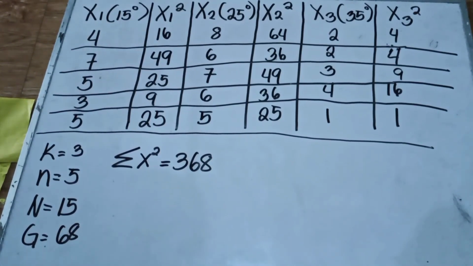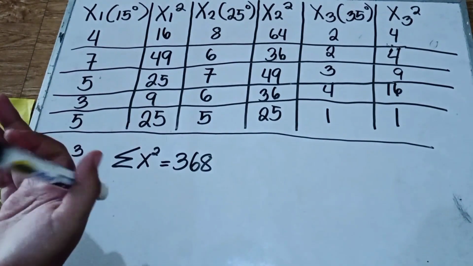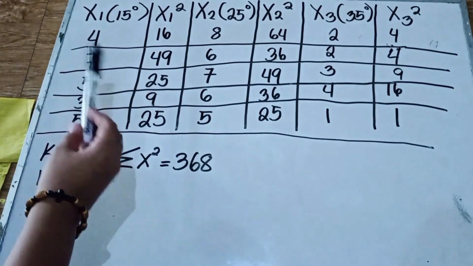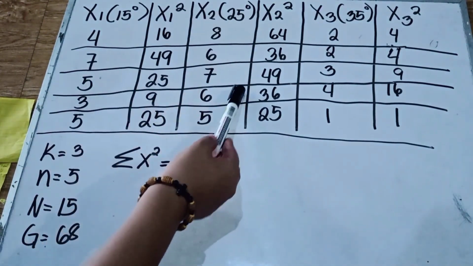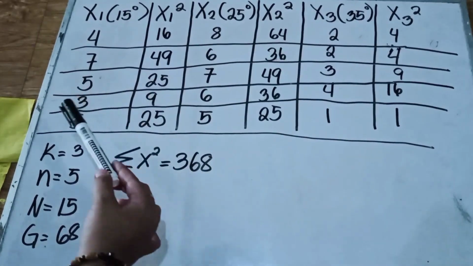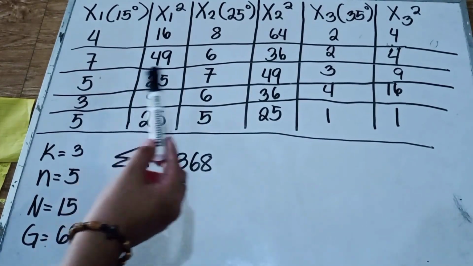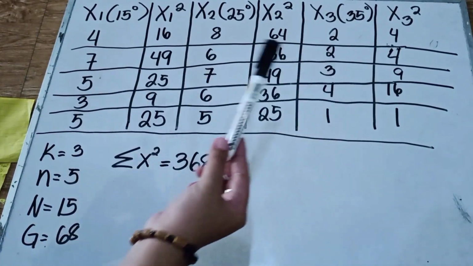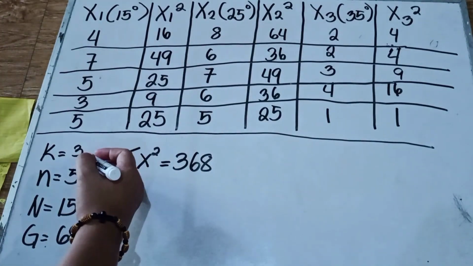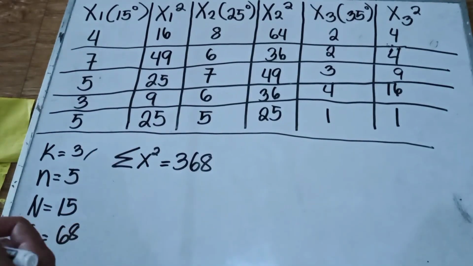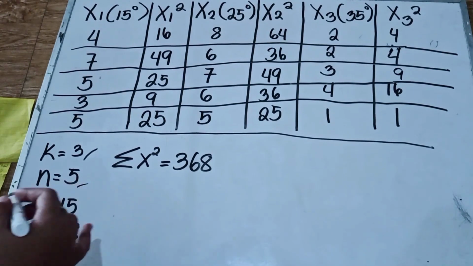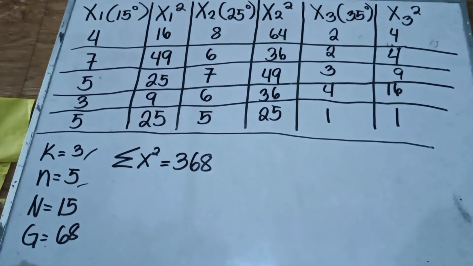Kabantay mo nga, di ba, naa ta'y 3 ka groups: 15 degrees, 25 degrees, and 35 degrees. So, ang k kay 3: 1, 2, 3. Then, ang atong n kay 5. Nganong 5 man? Di ba, sa matag group kay 5 ang sud.